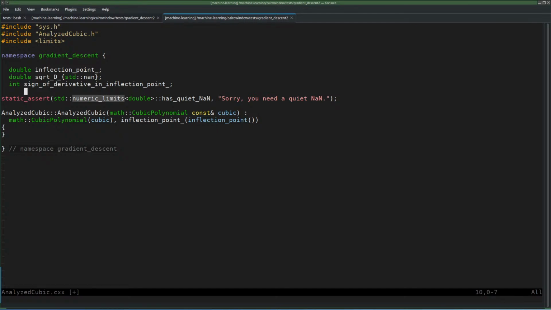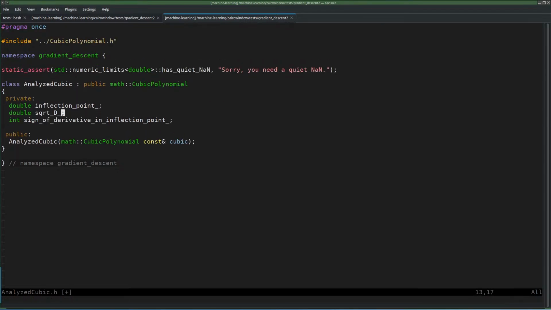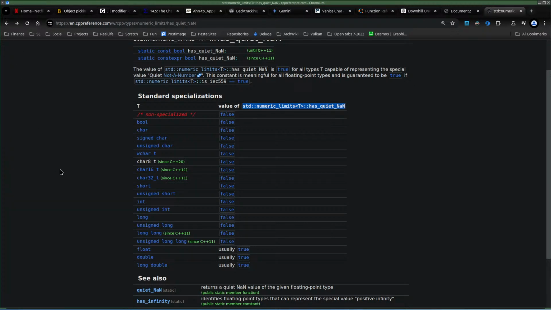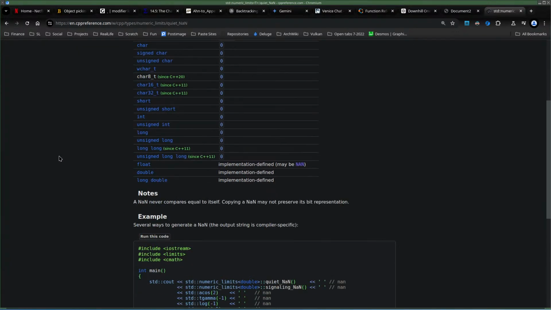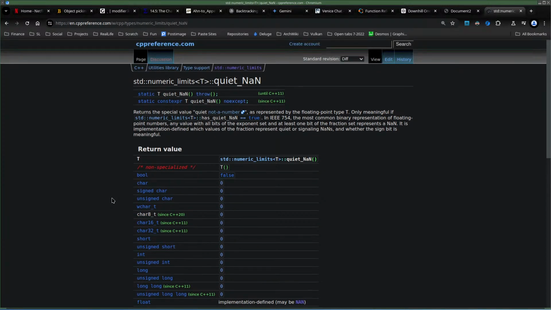Okay, this static assert probably should go in the header, because this is where I'm going to initialize this to also numeric limits. Okay, so that would be this one.